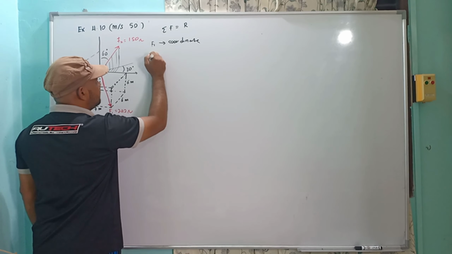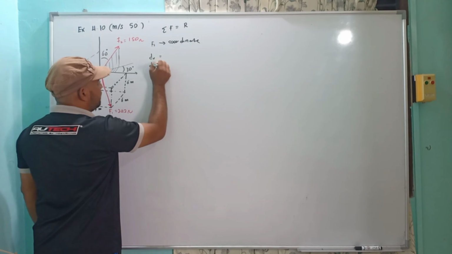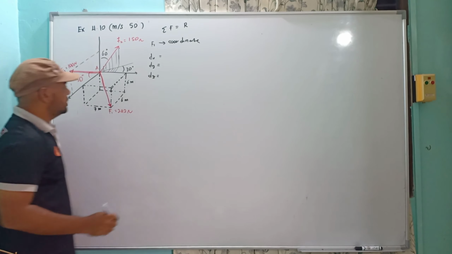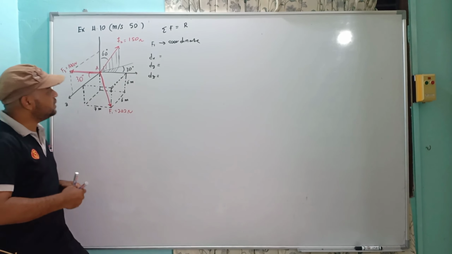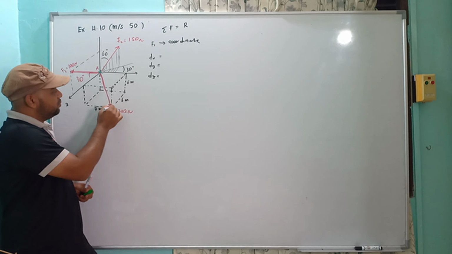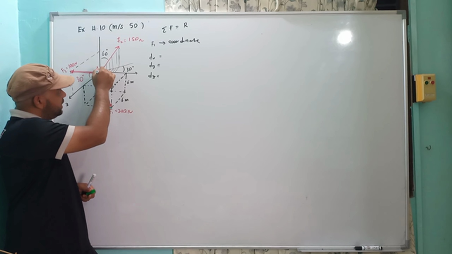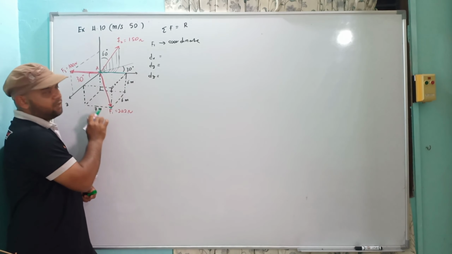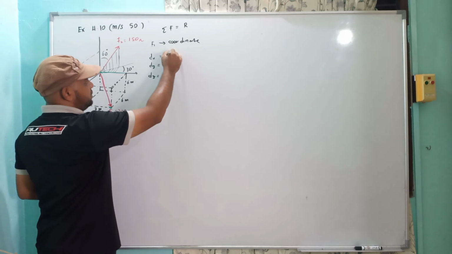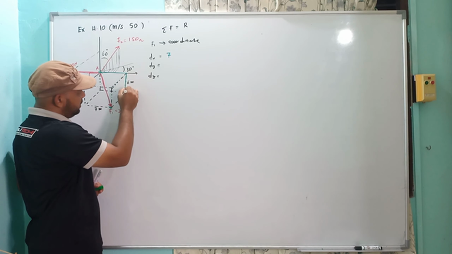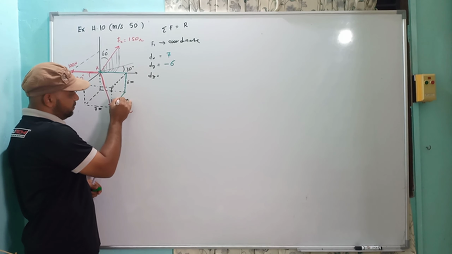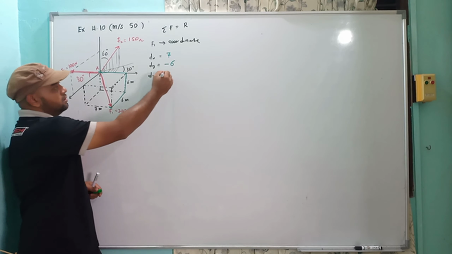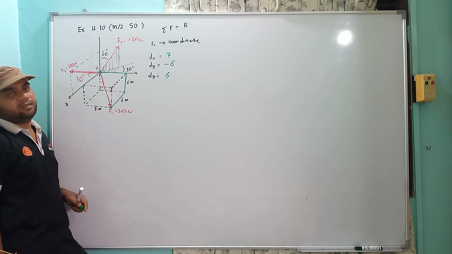So we need to find the dx, dy and dz. From this figure, to move from here to here, it moves in x direction 7 meters, so dx equal to 7. Going down in y is 6 meters, so negative 6, and in z direction, 6.